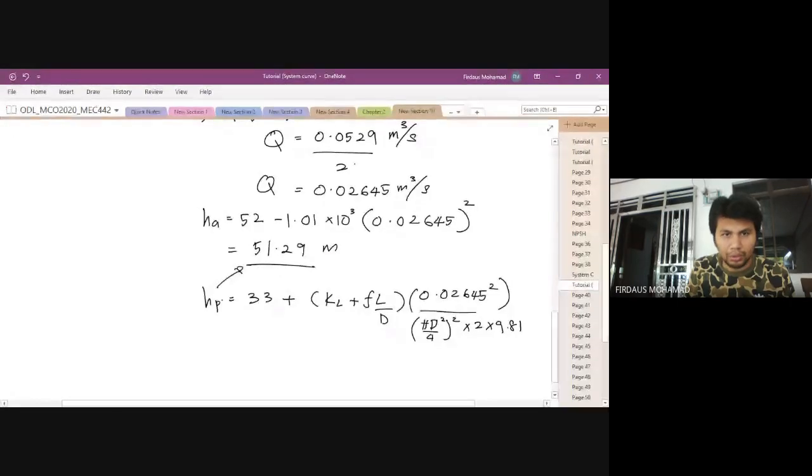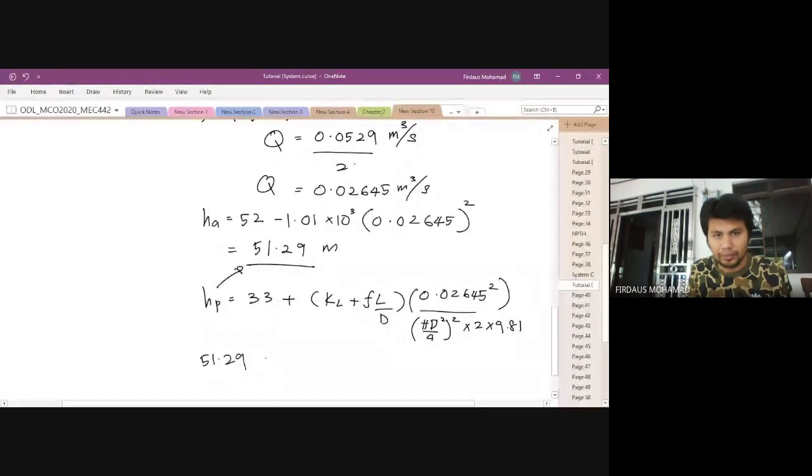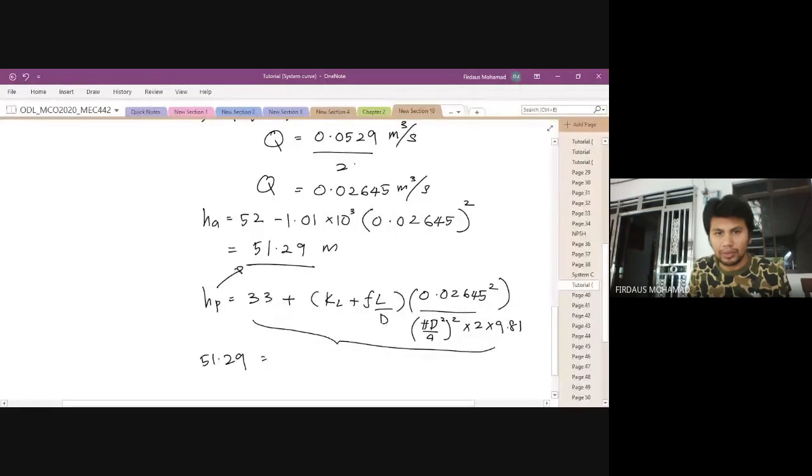HP equal to 51.29 meter. Okay, so solve for this equation and then you will come up with the KL. So try to find what is KL.